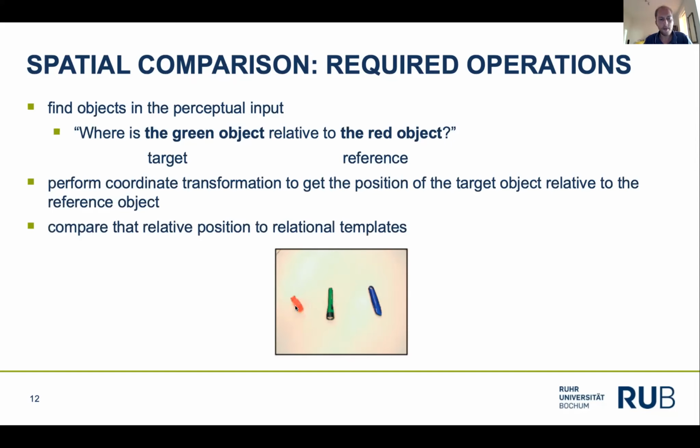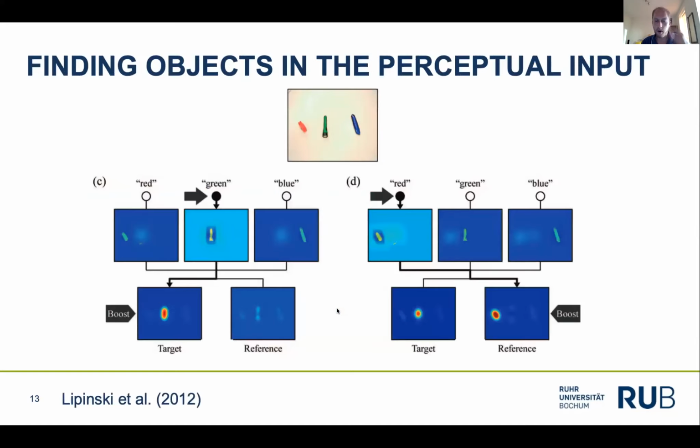And finally, we need to compare that relative position to relational templates for discrete relation categories. So for example, is it above, is it to the left, etc. And we're now going to go through each of these three things in turn. So finding objects in the perceptual input works exactly as you've seen numerous times already.